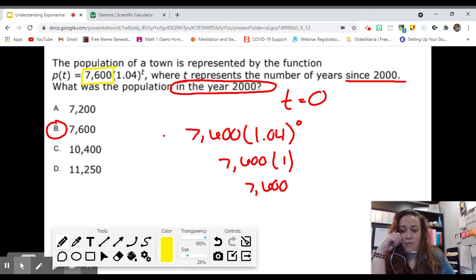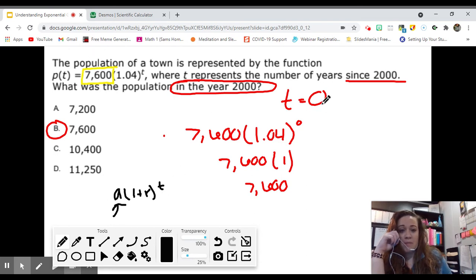And again, our formula is A times 1 plus r to the t power. A is your initial value when t is 0, technically. So I could have looked at it from the equation, but you also could do the math with t being 0 and get the exact same answer, whichever you are more comfortable with.